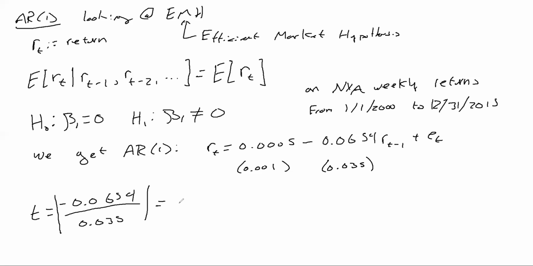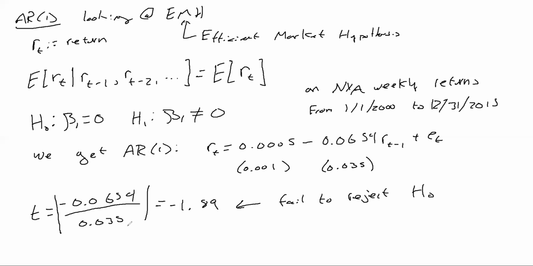This is equal to negative 1.89, which is relatively small. So we fail to reject the null hypothesis, H0. This means that it is not statistically significant, and it is 0.